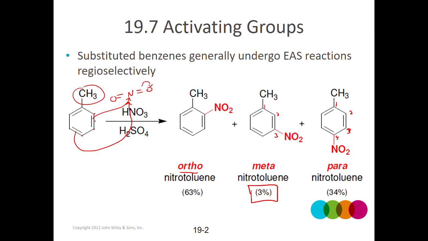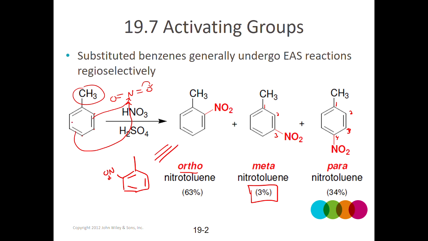If the transition state energy is not the same for each one of those attacks, then they won't all occur as often. And that's what we see, different rates of the different reaction occurring. We do have to also keep in mind, though, that this ortho product is the same as this ortho product. It just rotated or flipped over like a pancake. These are the same thing.